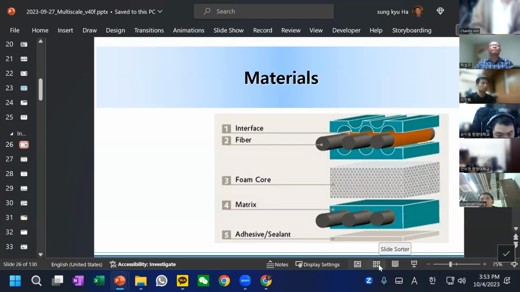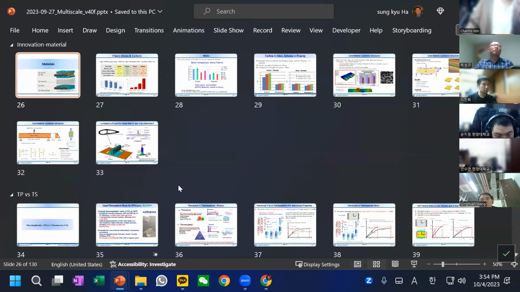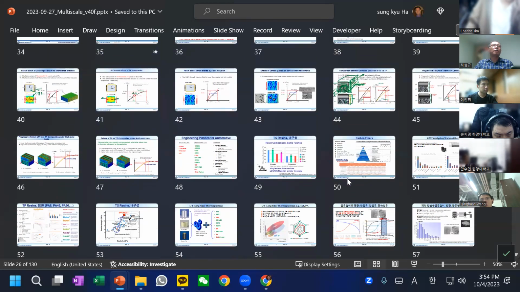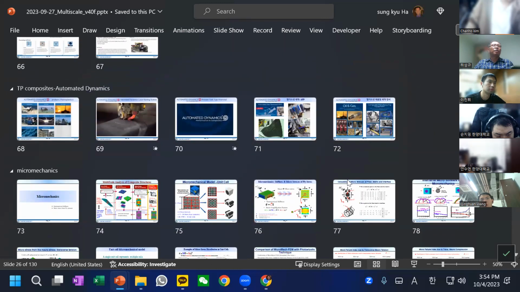So no matter what your major or application, understanding of composites will enhance your career as a designer. Understanding of composites is not just for a specific application, it really broadens your career.